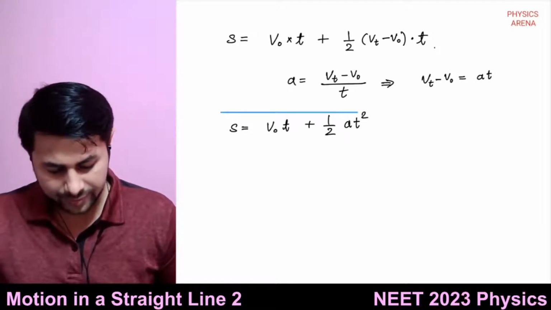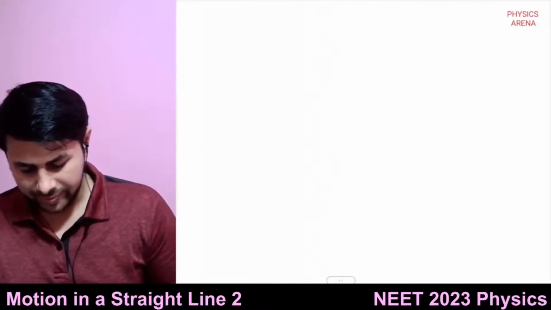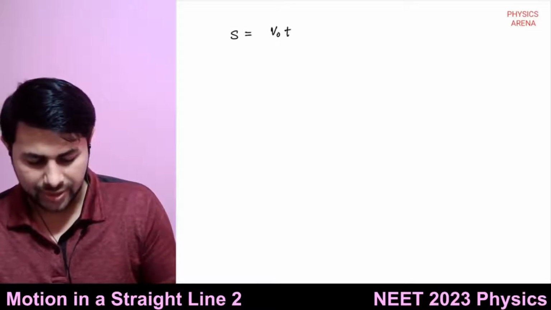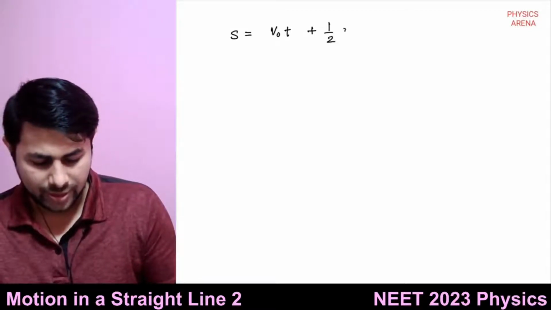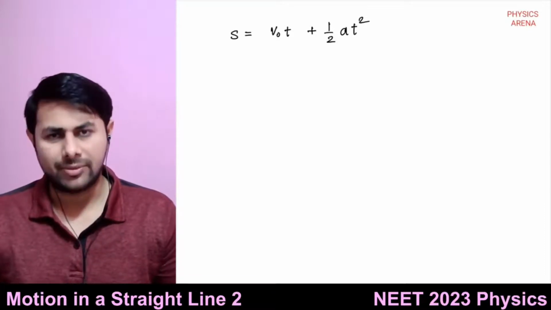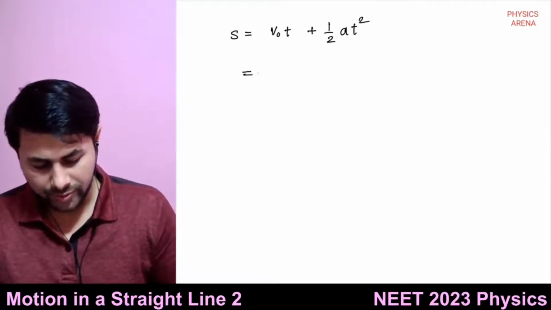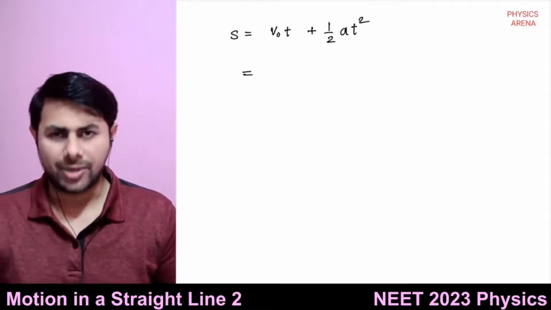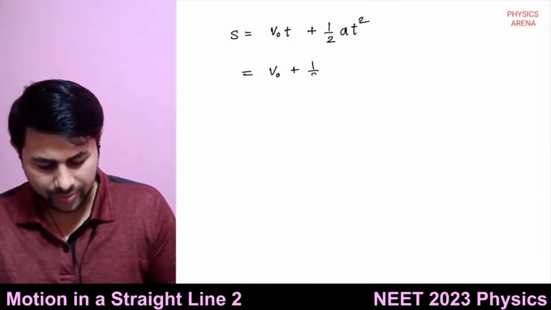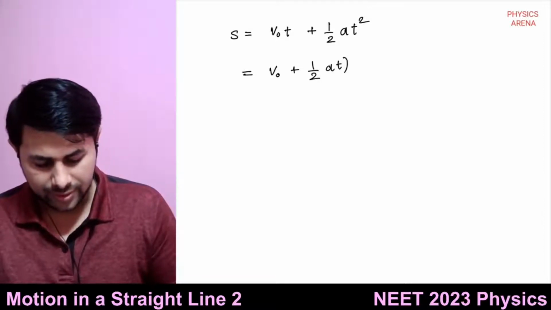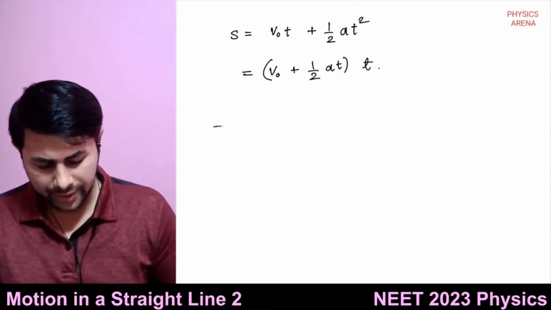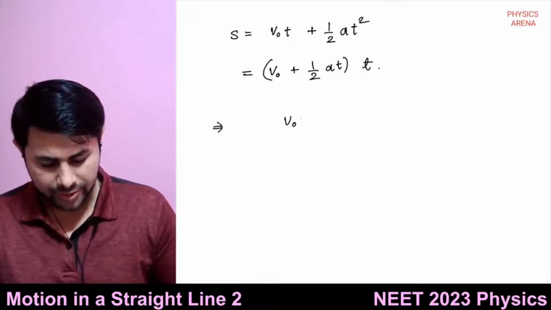This is simple. Let's take the second kinematic equation once again: S is equal to V naught times t plus half of A multiplied by t squared. From here, I want to derive the third kinematic equation. I can take t common, so I have V naught plus half of At, multiplied by t.